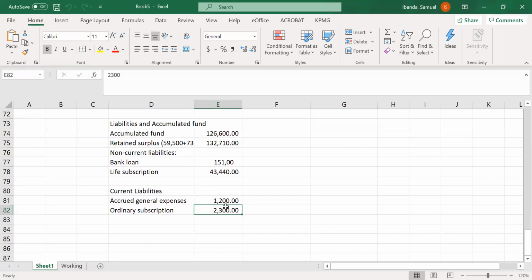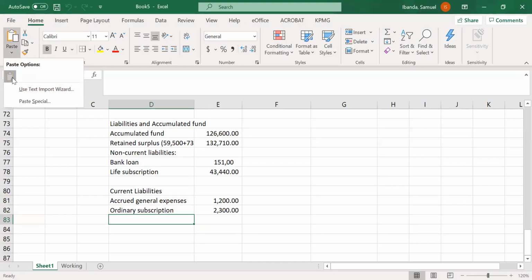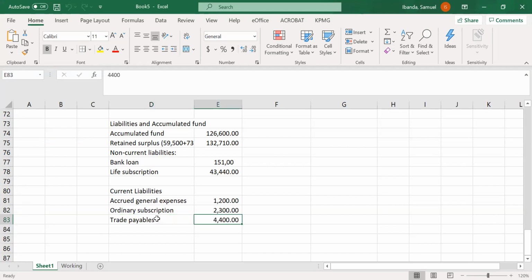Do I have any other liabilities? Definitely. I see trade payables, another current liability that I'll record: 4,400.